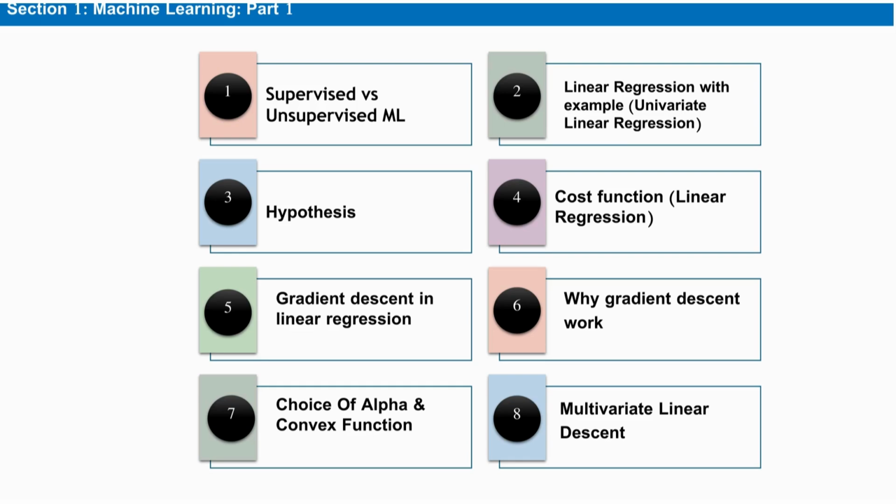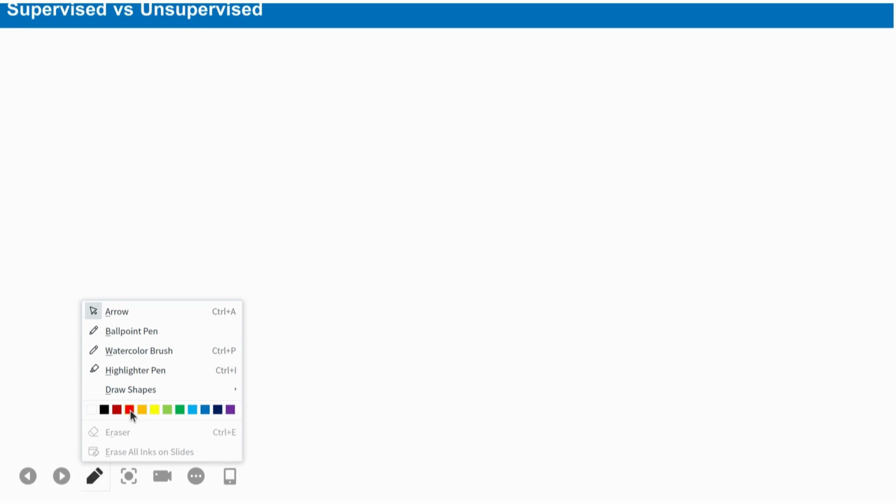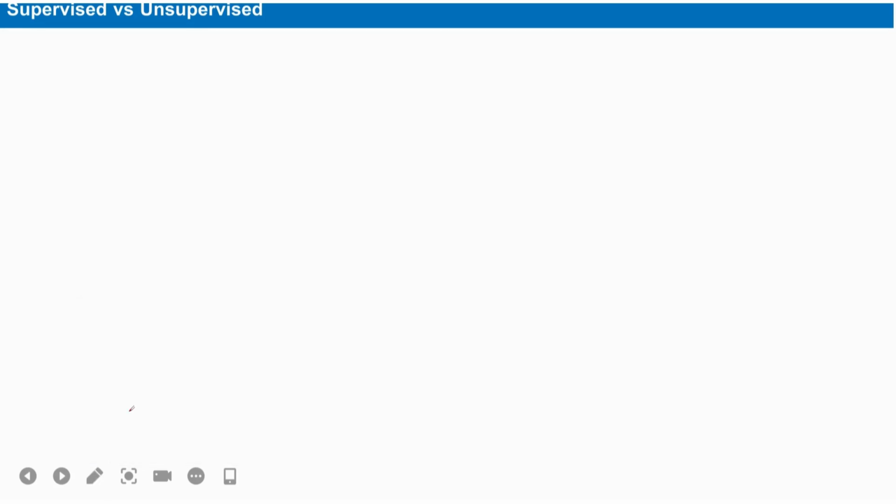Let's start our first topic, which is supervised versus unsupervised. First we will see what is supervised machine learning. Inside supervised machine learning, we have the training data set.